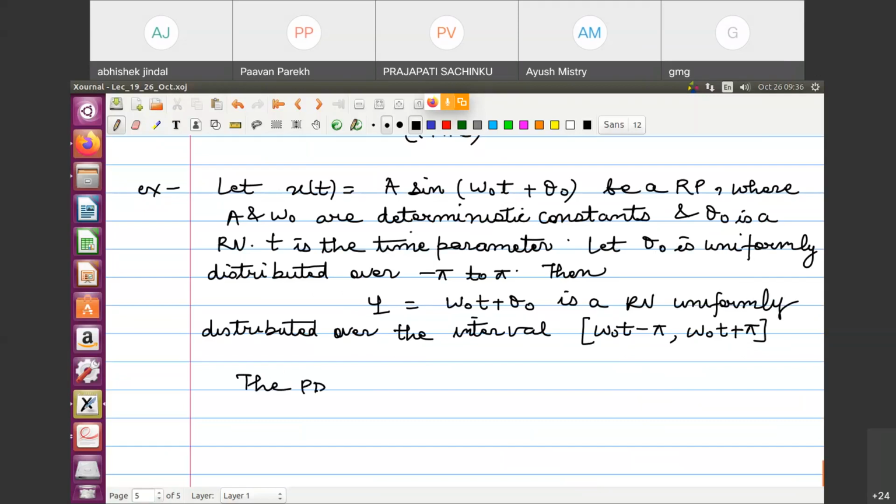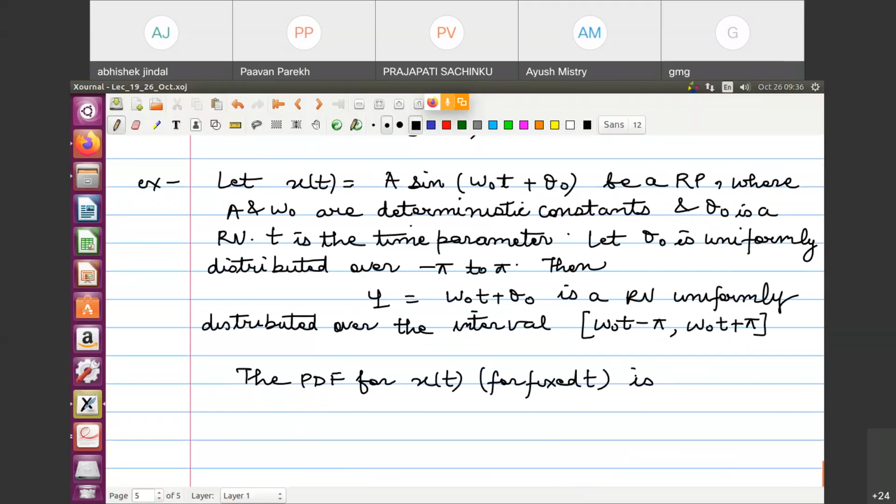The PDF for x of t, for a fixed t, I am not evaluating it. This is a homework: how will you calculate the PDF of x of t? This can be easily done from the concepts you have built in probability theory.